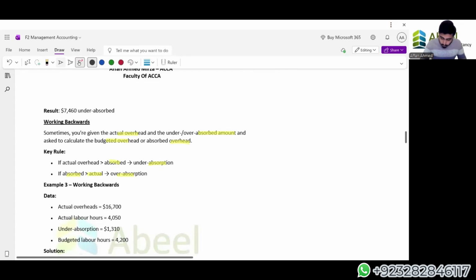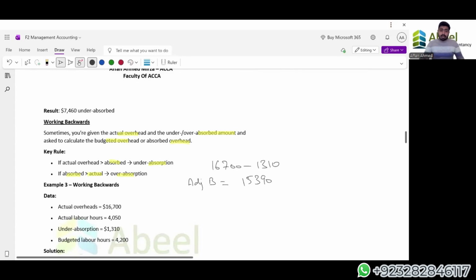So first of all, I will take 16,700 minus 1,310. This will give me my adjusted budgeted overhead, that is 15,390, right? This is my adjusted budget.